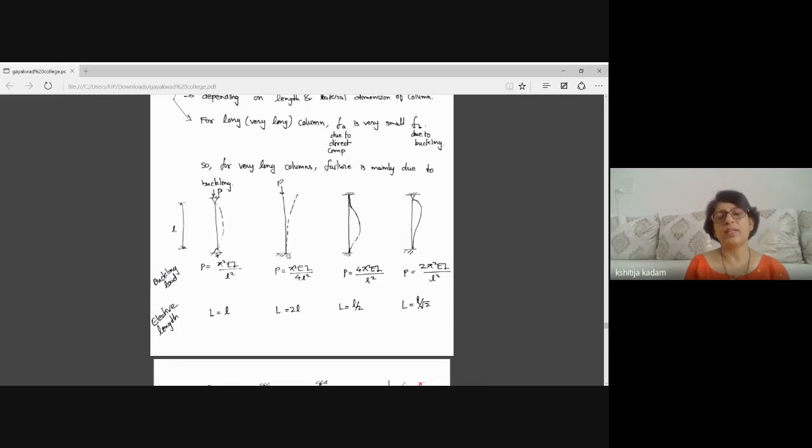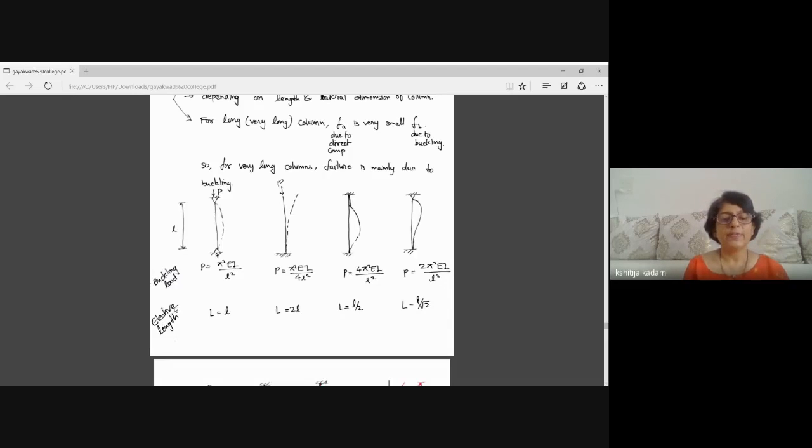In the second sketch, one end is fixed, the other is free, and the buckling load is given. Similarly, in the third case, both the ends are fixed, and fourth, one end is hinged and the other is fixed. So if boundary conditions or support conditions are different, buckling loads are also different. You can see in the formula.